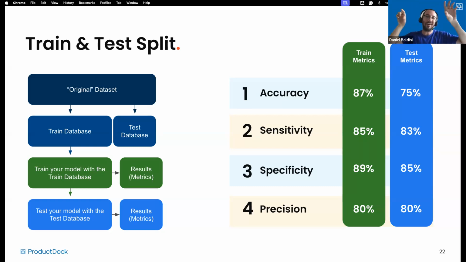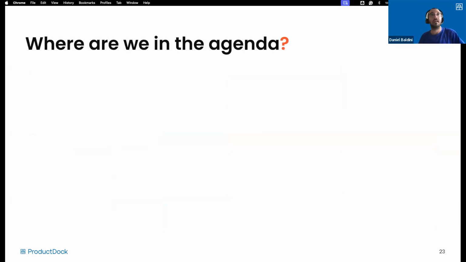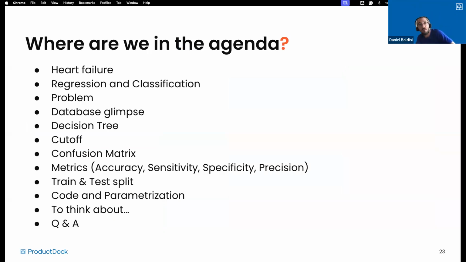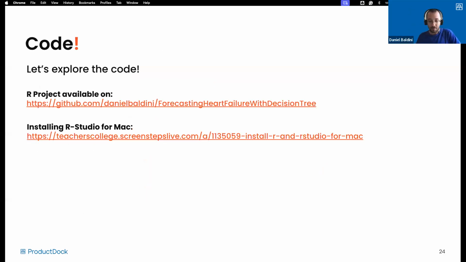If they are too far apart, try to find another way. In general, the metrics on the test database will be lower, always lower, but they should be close to the train ones. So just for you to know where we are in the agenda, we have pretty much everything done so far. So let's move to the code.